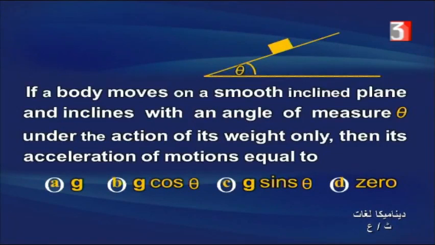Now we have a body moving on a smooth inclined plane, inclined to the horizontal with an angle of measure theta as shown in the opposite figure. Then the body moves under the action of its weight only. Then what's the value of its acceleration in this case?